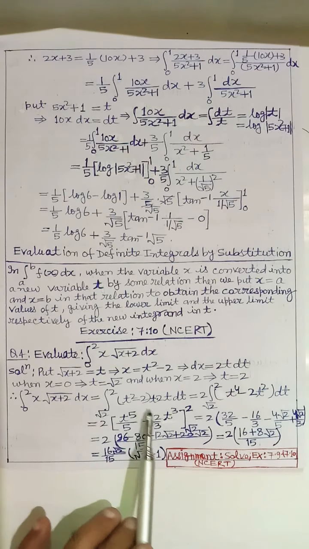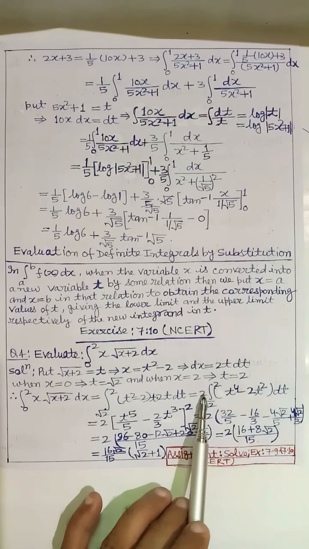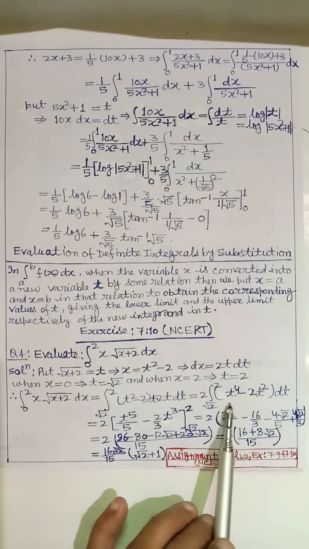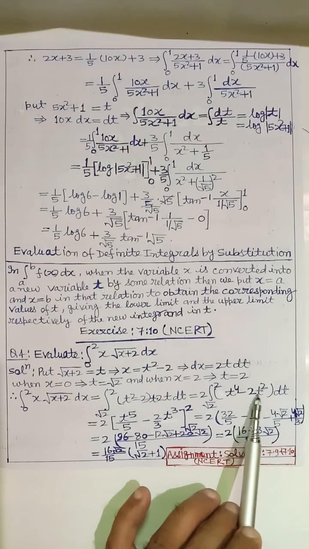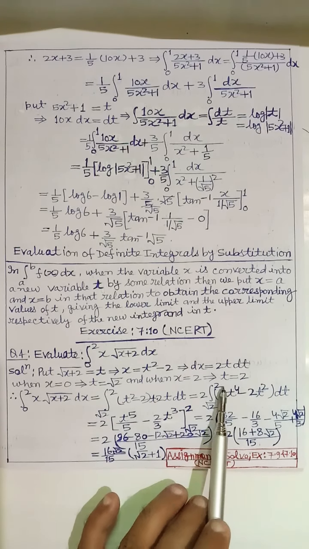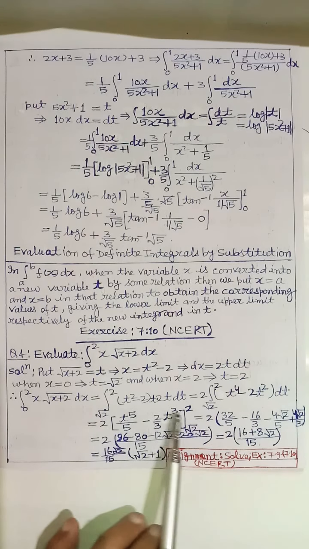and here we simplify this, we get 2 into integration of (t to power 4 minus 2t square) dt from root 2 to 2, and we solve this.